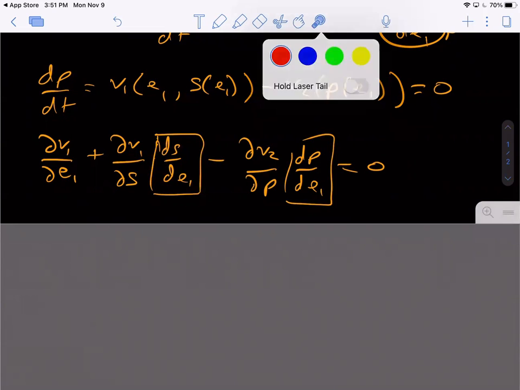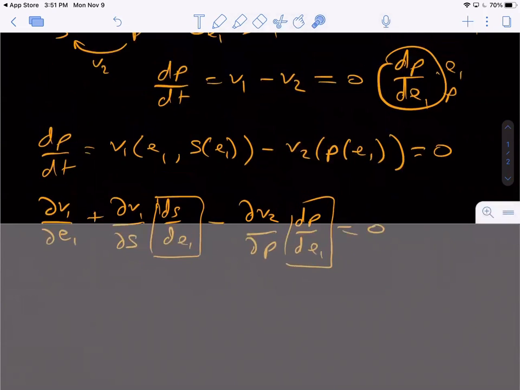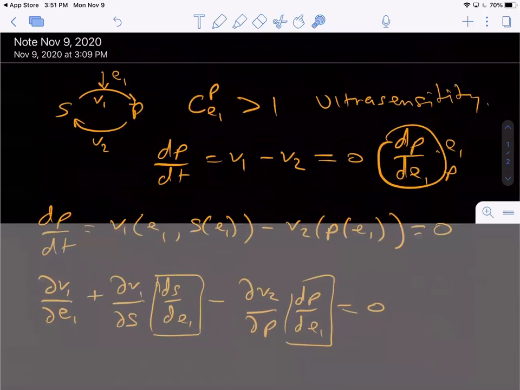There's an additional piece of information that we can use. If we look at the cycle, the total mass of the cycle is fixed. So S plus P is fixed, because there's no production of S from anywhere else, no production of P from anywhere else, and no degradation either.